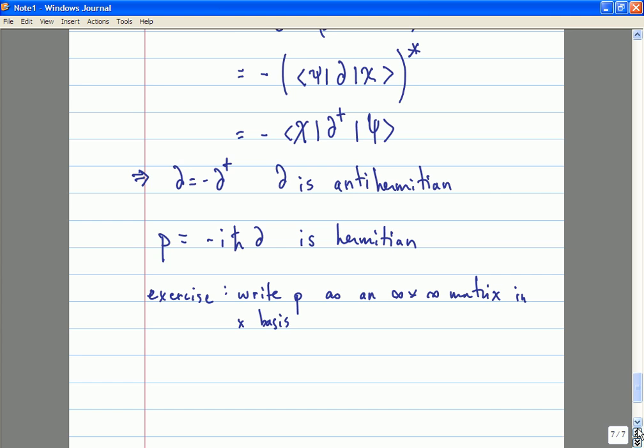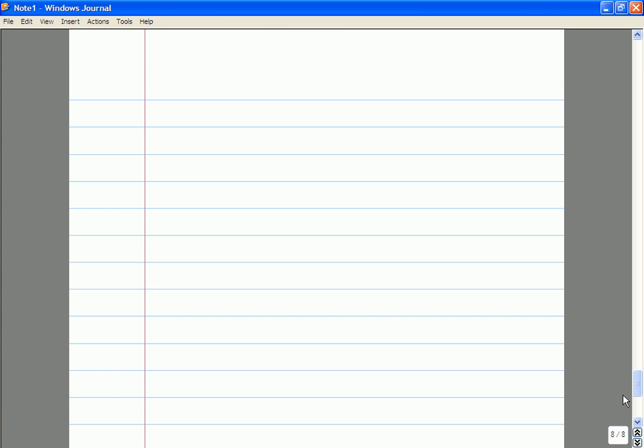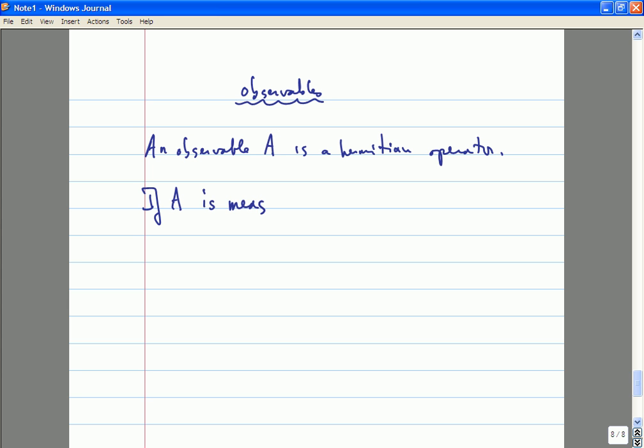So let me continue with a few more words about observables. So I remind you that an observable A is a Hermitian operator and that the third postulate of quantum mechanics states that if the observable A is measured in the state psi, then the outcome of the measurement will be one of the eigenvalues of A, and the probability of a given eigenvalue is the square of the overlap between psi and the corresponding eigenvector.